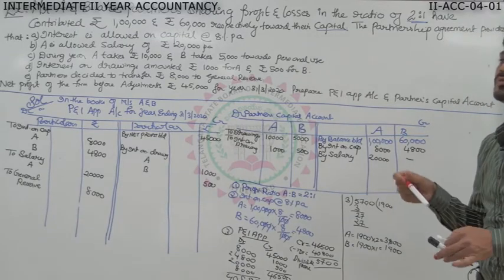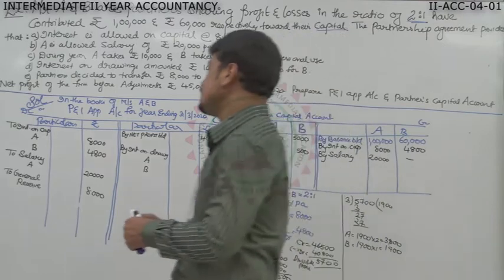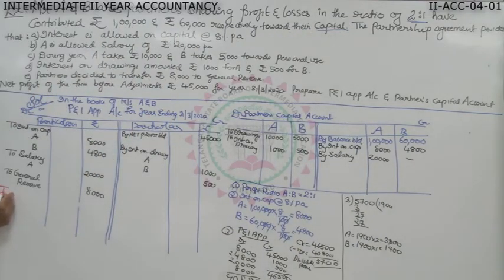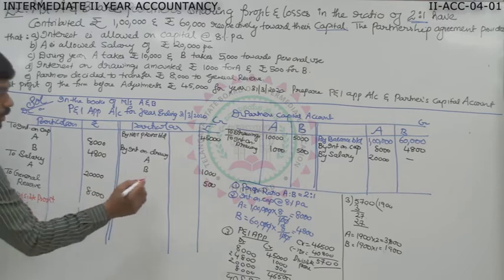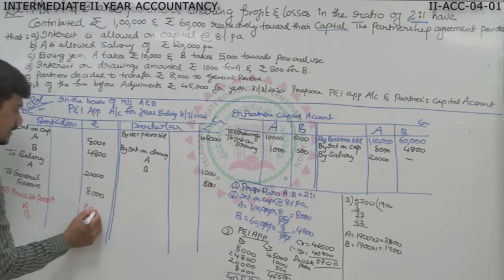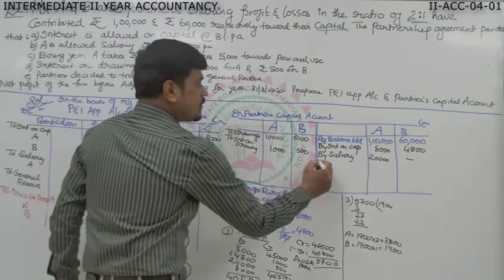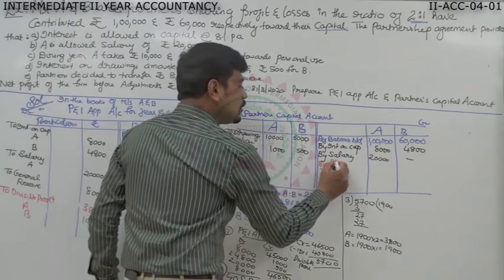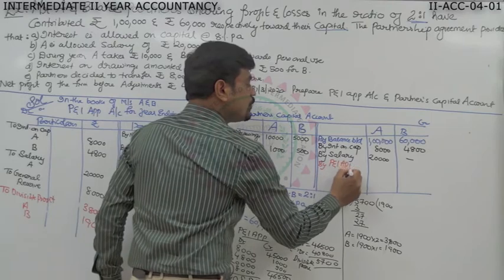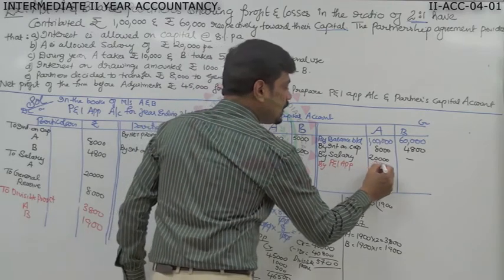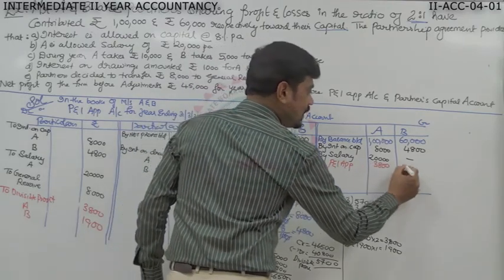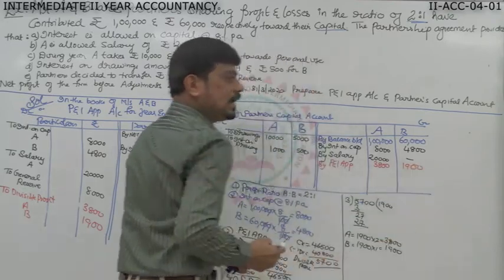This we are going to first post as profit and loss appropriation to divisible profit. A, B. A got 3,800 and B gets 1,900. One effect. Second, by profit and loss appropriation in partners' capital, 3,800, 1,900.